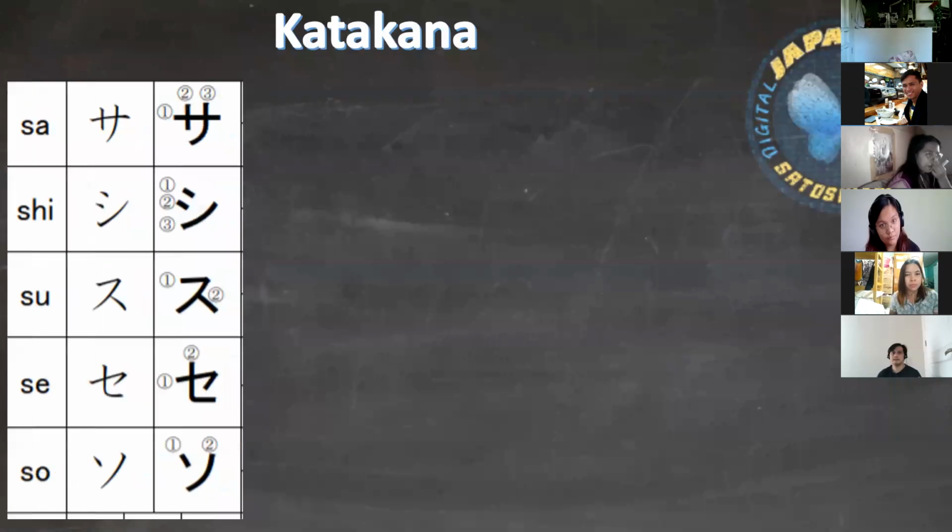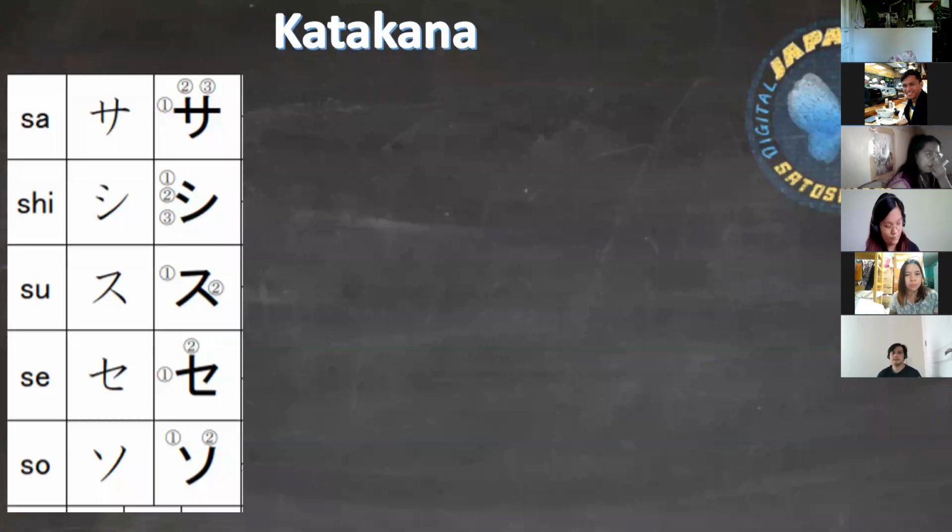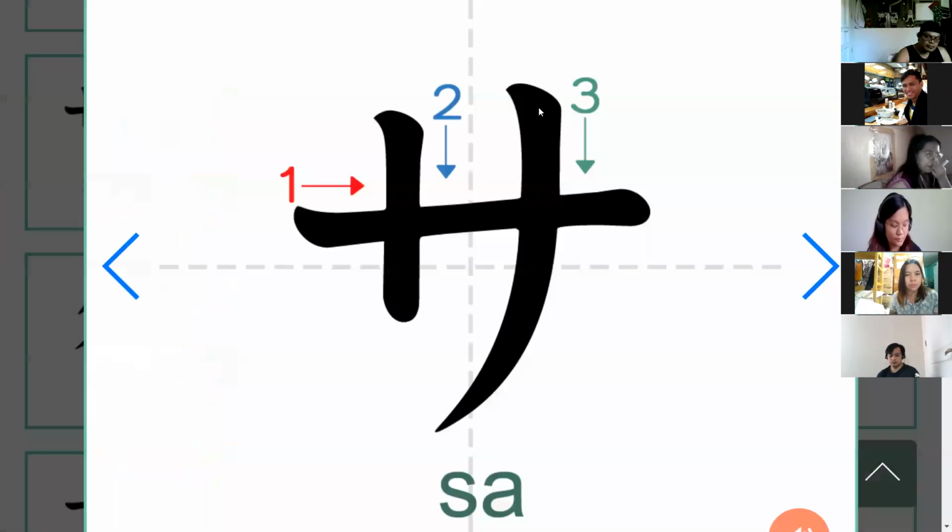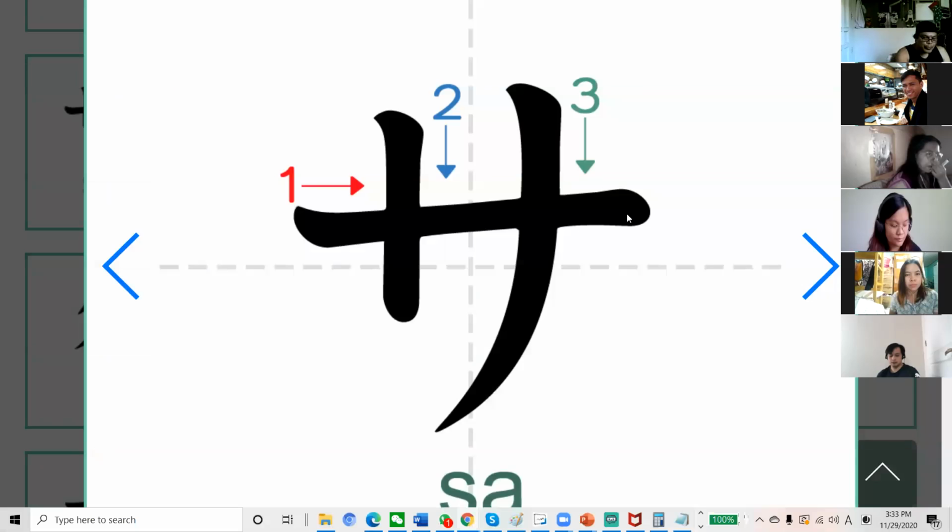So for our sa, please write the 5 sets. So we have our sa, shi, su, se, so. So how are we going to write it? First we have our sa, going in this pattern. Okay, keep doing.